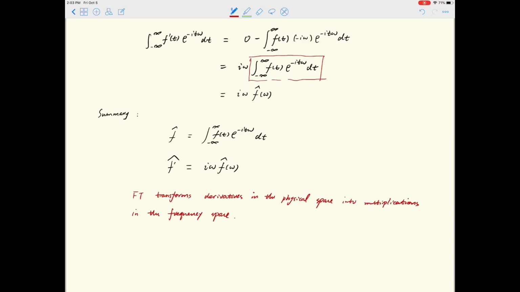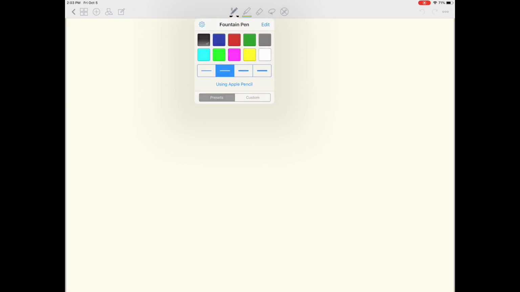Now, what about higher derivatives? So what about, let's say, the Fourier transform of the k-th derivative? What is it?